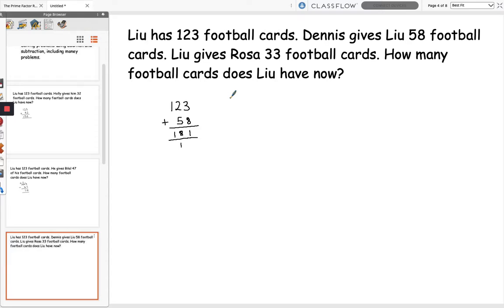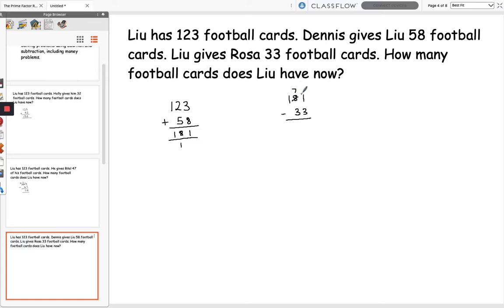But we haven't finished yet, because he then gives Rosa 33 of his football cards. So we're now going to take our 181 and we're going to take those 33 football cards away. So 1 take away 3 I can't do. So I'll borrow from here.